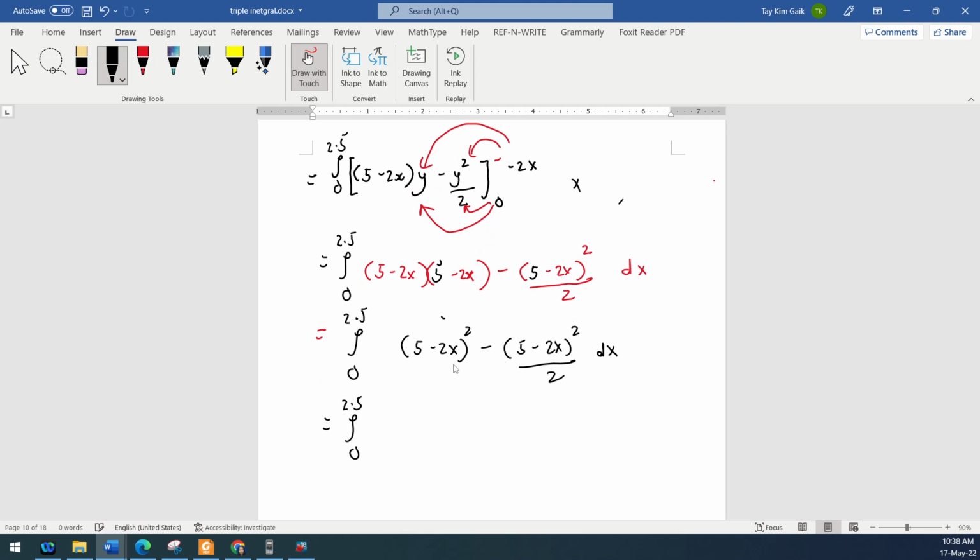So 1 times 5 minus 2x squared minus half times 5 minus 2x squared. So you have half times 5 minus 2x squared dx.